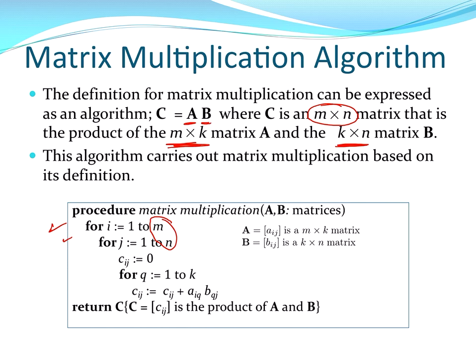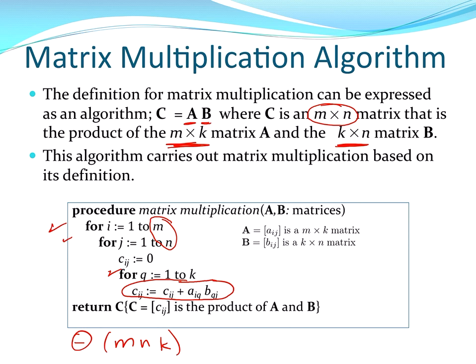And then at each step, the interior loop will be q from 1 to k, where we do k additions and k multiplications to calculate the value of the entry of the ijth element of the product matrix. So that means we have k additions or multiplications for m times n elements, and that means we're going to be big theta of m times n times k.